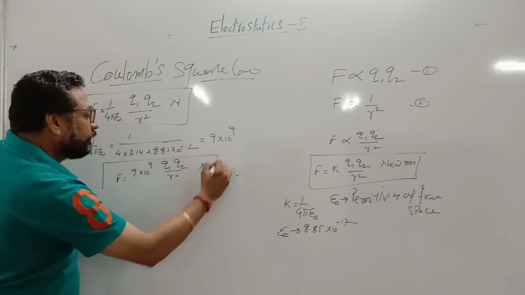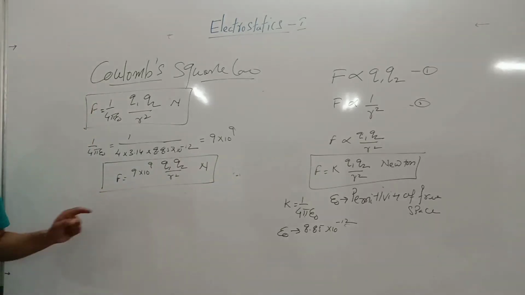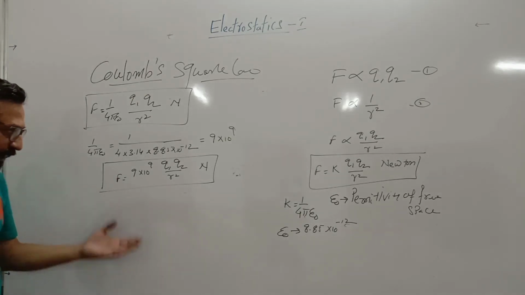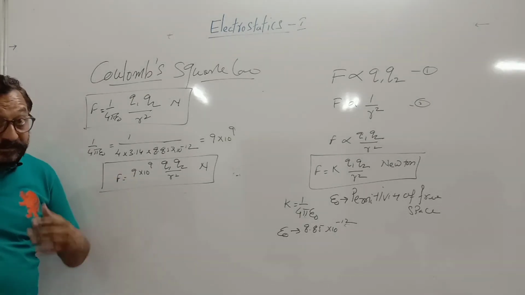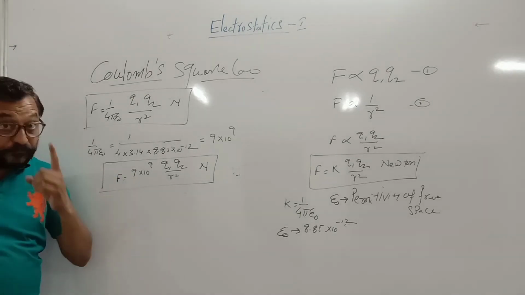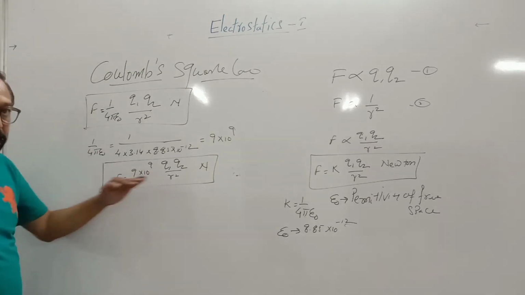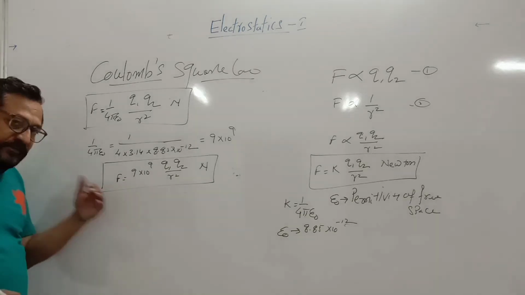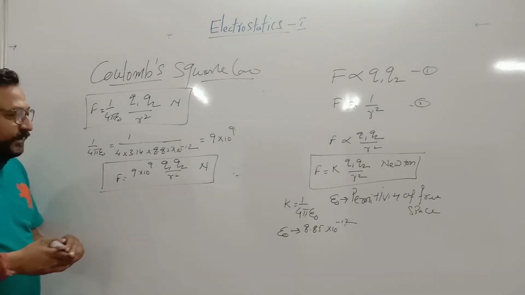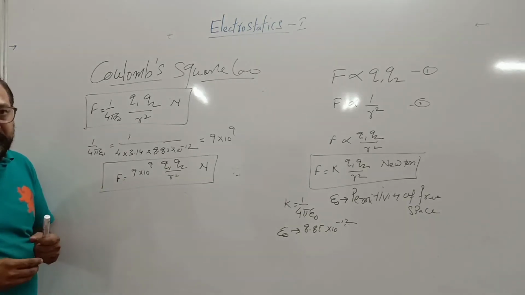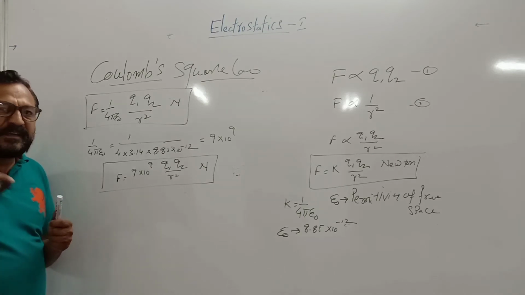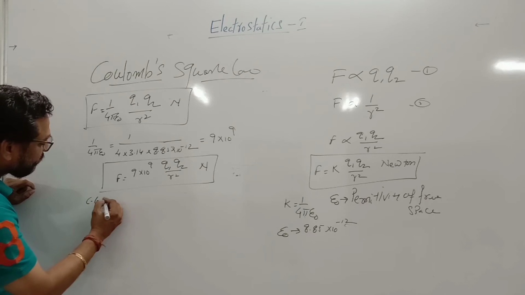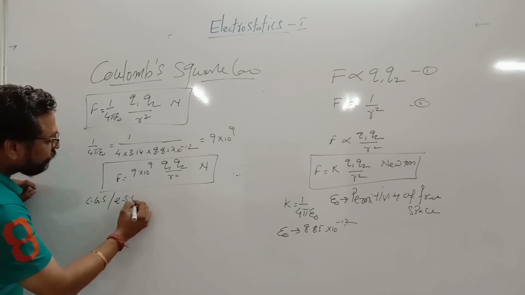That's simple. This is Coulomb's inverse square law. On the basis of this formula, we define something very important, 1 Coulomb charge. But first of all, we are going to work in the CGS system also. In the CGS system, we know that charge cannot be explained by Newton. The system is the CGS system or ESU system.